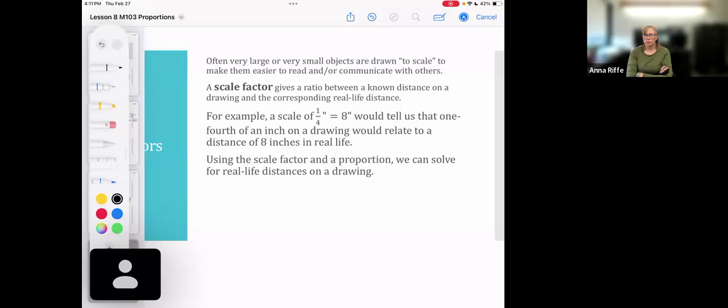A scale factor gives a ratio between a known distance in a drawing or a model and the corresponding real life distance or real life measurement. So a scale of 1/4 of an inch to 8 inches would tell us that in the drawing or the model, 1/4 of an inch would represent or relate to 8 inches in real life. And if you're given a scale factor, you can treat it as a proportion.